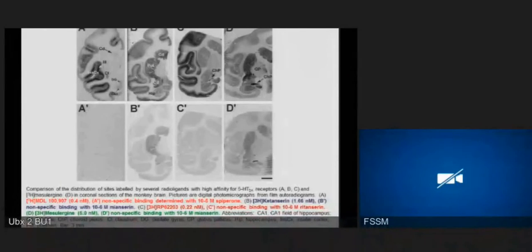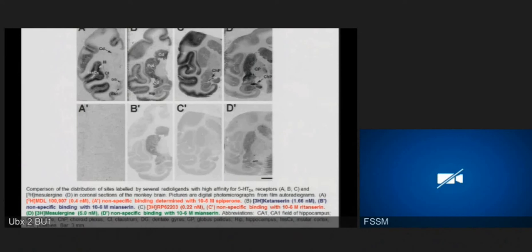This corresponds to the autoradiographic procedure, quantitative autoradiography. You might recognize little slices of brains, and these are brains of monkeys.